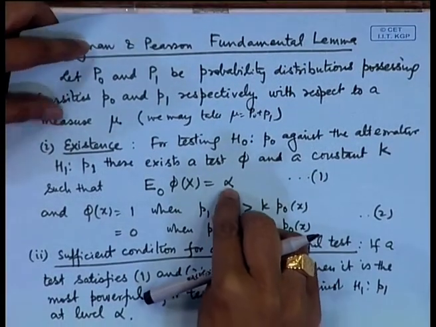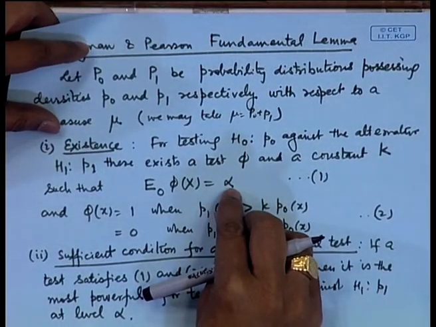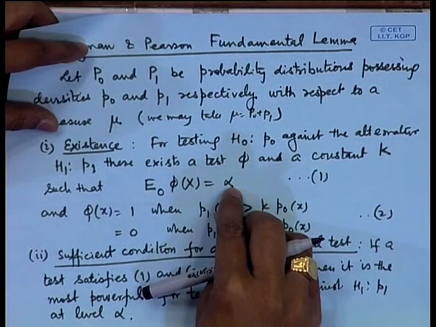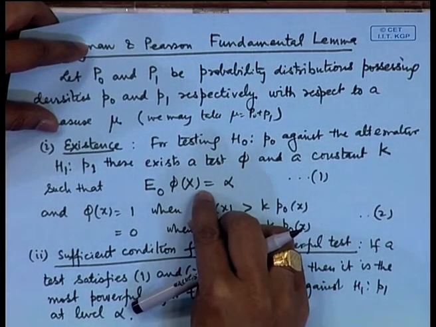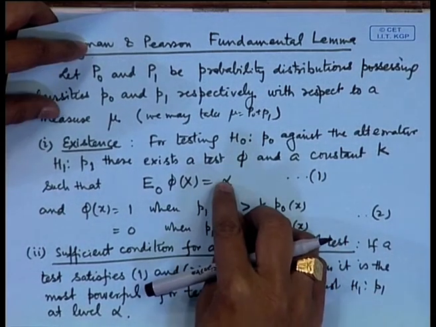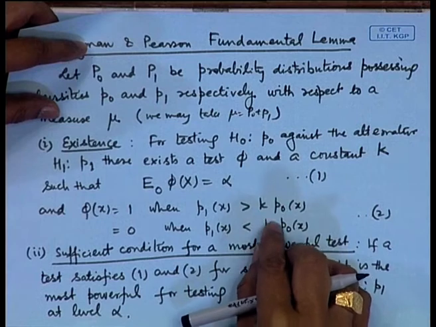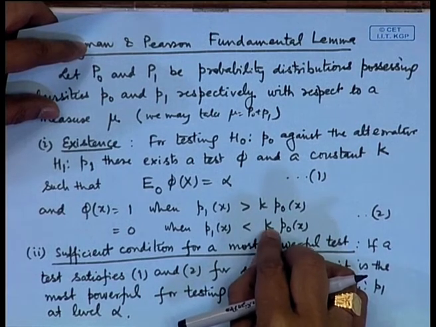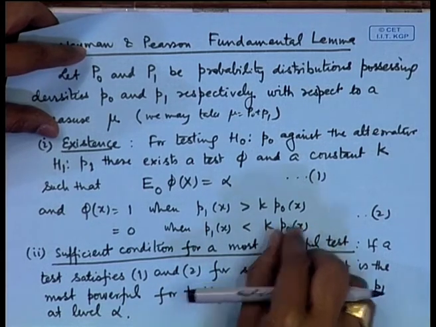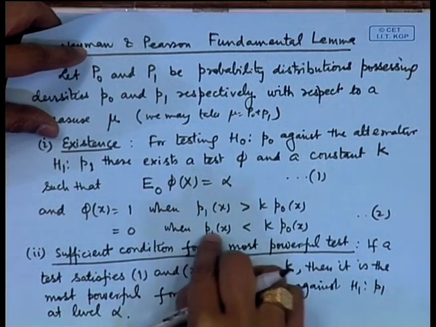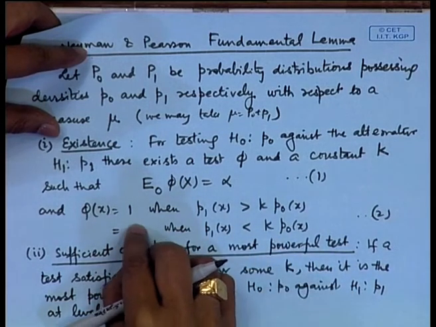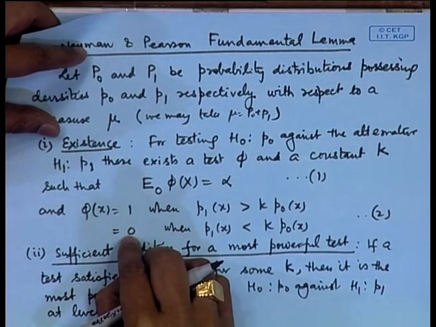When alpha is equal to 0, that means I want the probability of type 1 error to be 0. When will that happen? That means the probability of rejecting, that means we should never reject. If we do not reject, then this value should be infinity. If this is infinity, then the right hand side is infinite. That means this condition, P 1 x is less than infinity, will always be true, and therefore you will always be accepting H naught.